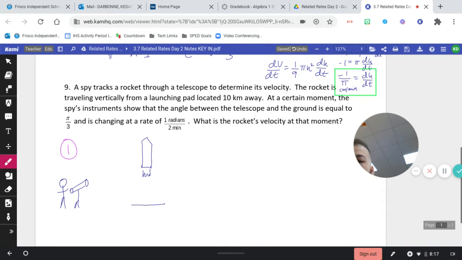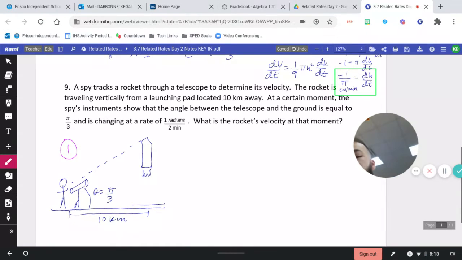Please do not judge my drawing skills. Okay, some information they gave us. They said the rocket is traveling vertically from a launching pad located 10 kilometers away. This is 10 kilometers. At a certain moment, the spy's instruments show that the angle between the telescope and the ground is equal to pi over 3. So this angle right here is equal to pi over 3.